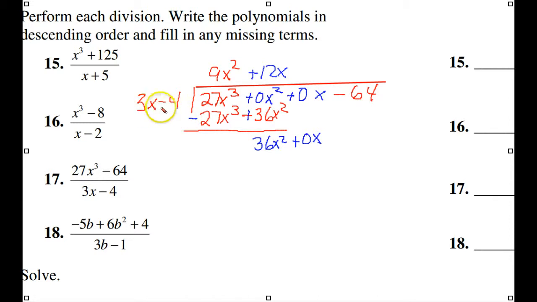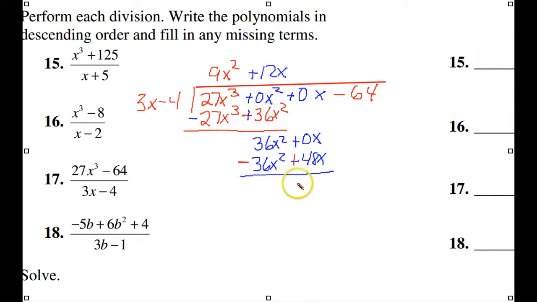Now, 3x times this gives me 36x squared. A negative 4 times this gives me a negative 48x. We're going to change our signs and move on.